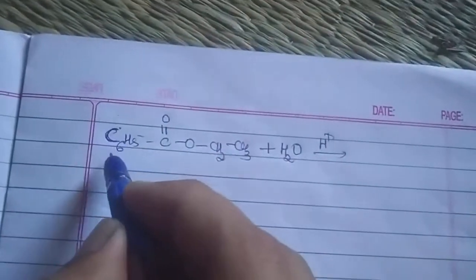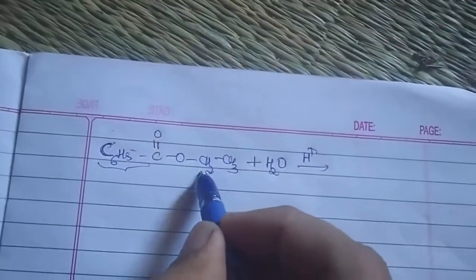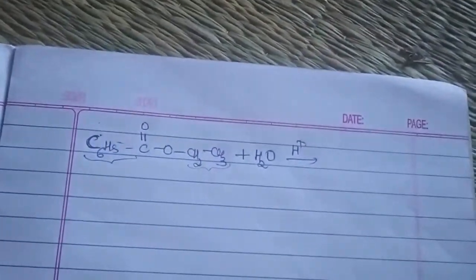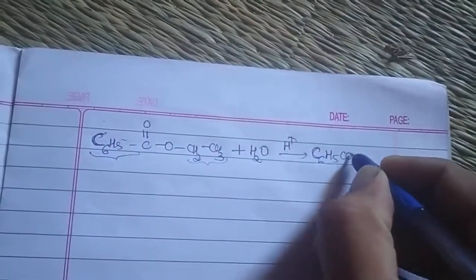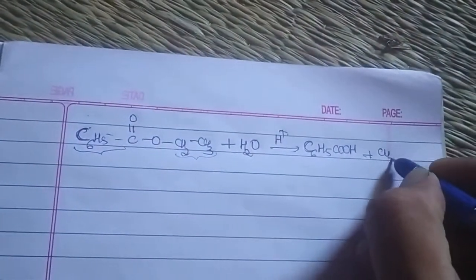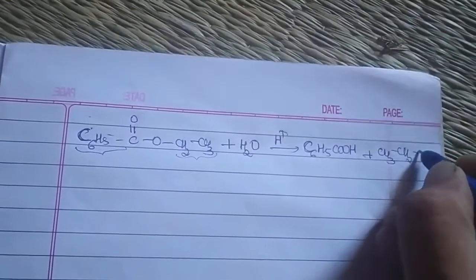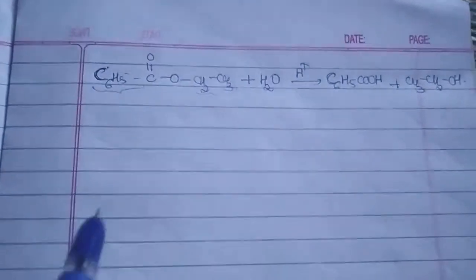Do remember, always the part with the greater number of carbon atoms will form the acid. The smaller part will form an alcohol. So here you will be getting C6H5COOH, benzoic acid, plus CH3CH2OH, that is your ethanol. Can you see? If I use a reaction in this way.